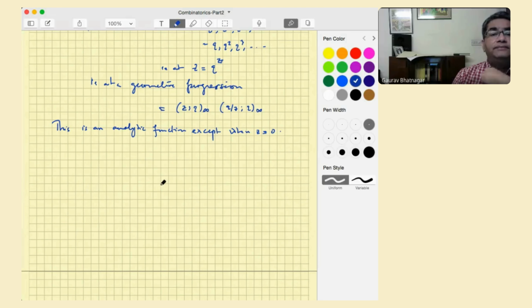Okay, doesn't matter. This is an analytic function except when z equal to 0, and thus has what is called a Laurent series expansion. Now, what is a Laurent series expansion around?